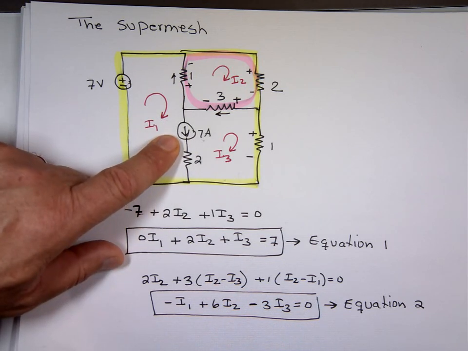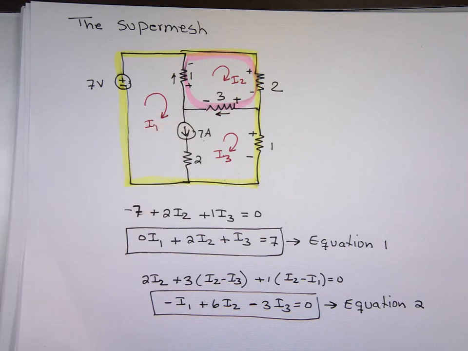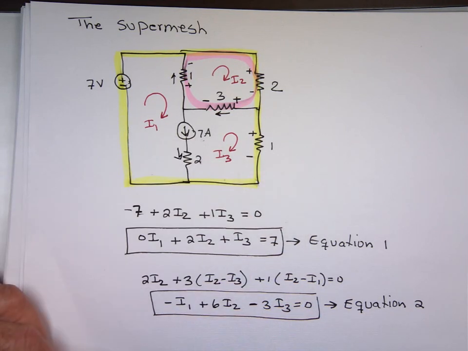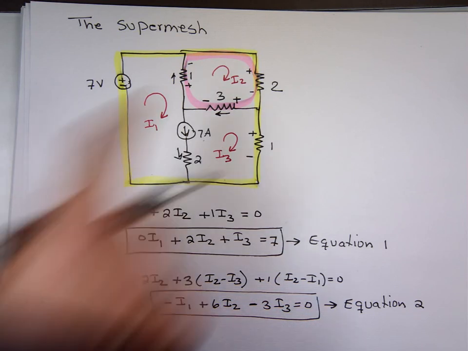This current, the 7 amp, is pushing down. What is the current down this resistor? Isn't that the 7 amps? But in terms of I sub 1, I sub 2, and I sub 3, what is that? Is it 7 amps plus I sub 1? No, it's I sub 1 minus I sub 2? No, 2 is up there, it has nothing to do with it.